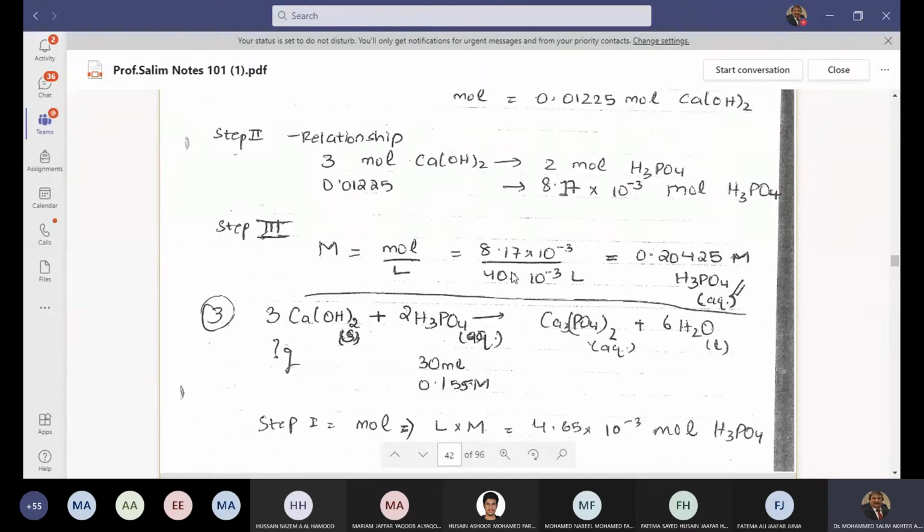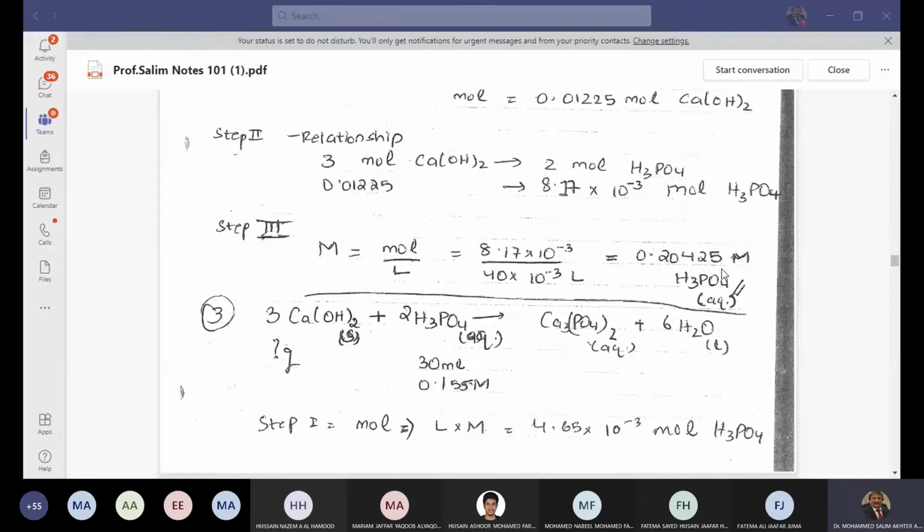Can I write it like this to convert into liters? Yes. I know moles, I know liters. Can I get molarity? Of course. What is this number? 0.20425. Is this number correct?